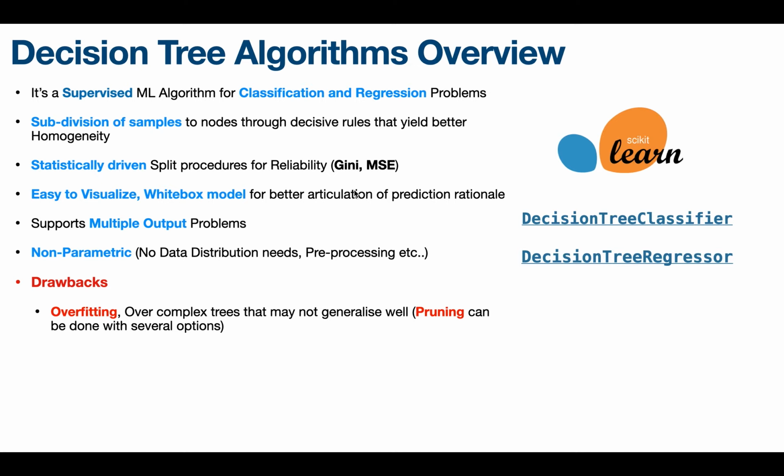This scenario can happen if we grow the tree to be so tuned towards the training data. We have some techniques to control this. We can discuss some of them in the upcoming videos, but ideally this is known to be overfitting, and there are techniques to address this.